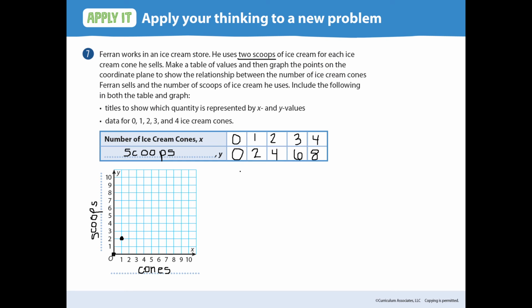Okay, so we did 1, 2, now we have 2, 4, so that's over 2, up 4, and we should start seeing a pattern on our graph here as well. 3, 6 is over 3 up 6. And then 4, 8 is over 4 up 8.